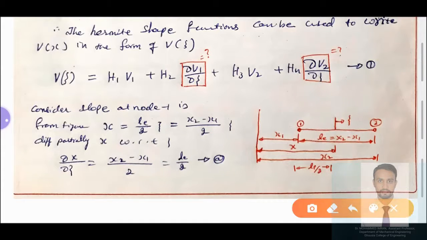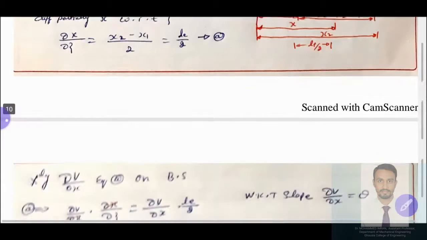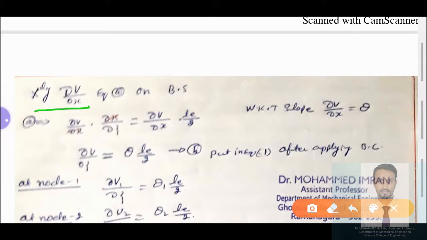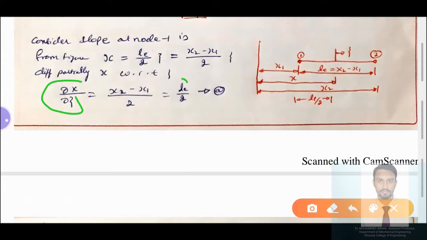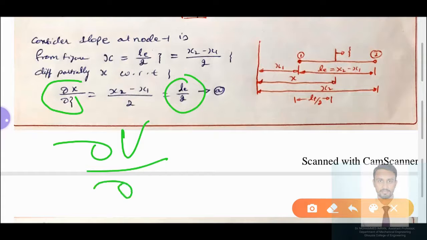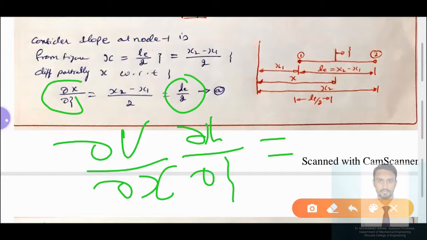Now we want dou v by dou zeta. We have here dou x by dou zeta. Now what I do for this equation: we multiply dou v by dou x on both sides of equation number A. When we multiply this equation by dou v by dou x, then on the left hand side dou x by dou zeta, that is equal to Le by 2 into dou v by dou x.